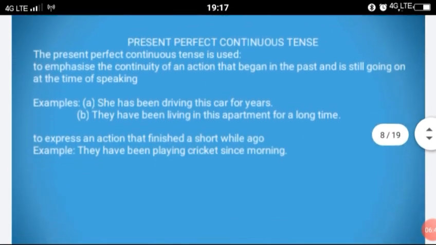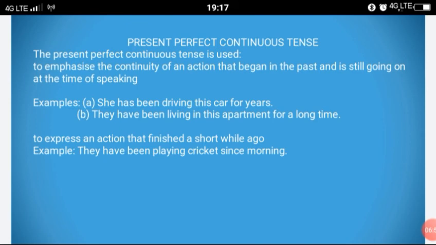Let us move on to the last tense of present tense, which is present perfect continuous tense. Now, listen carefully. This tense is used to emphasize the continuity of an action that began in the past but is still going on at the time of speaking. For example, she has been driving this car for years.